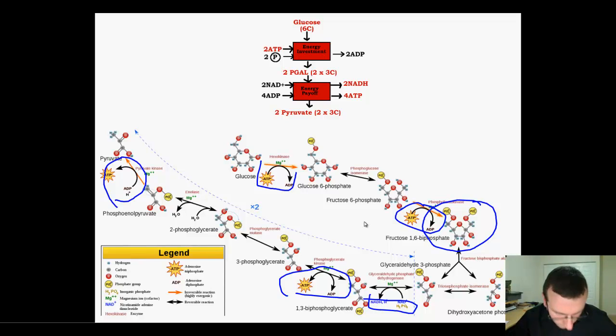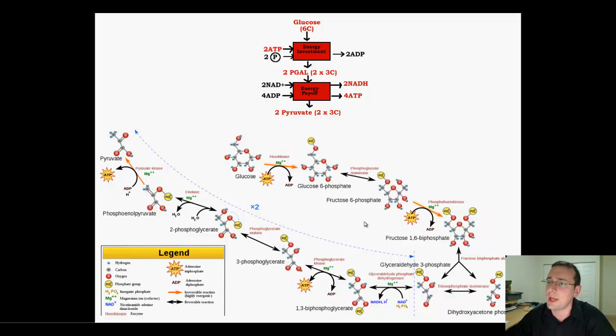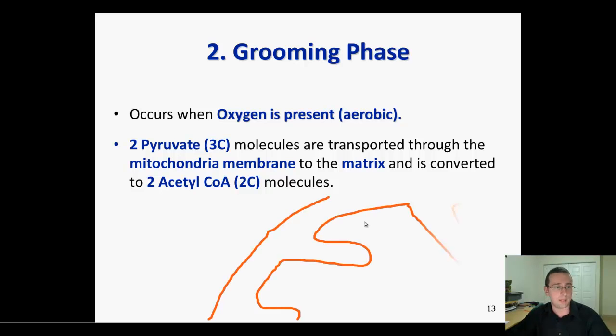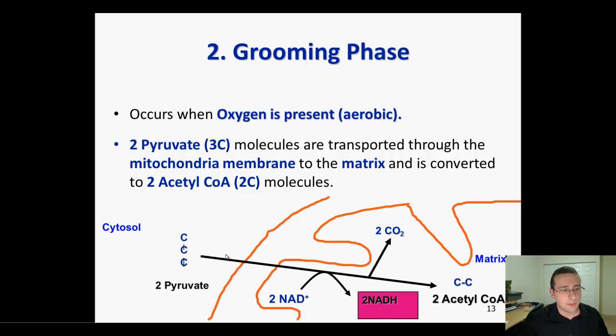Now, once glycolysis is over, it all depends on whether or not the cell has oxygen. If the cell has oxygen available, and this is regulated through enzymes, the presence of oxygen activates the pathway that sends the cell into what's called the grooming phase. In the grooming phase, the pyruvate produced during glycolysis is going to enter the mitochondrial matrix.